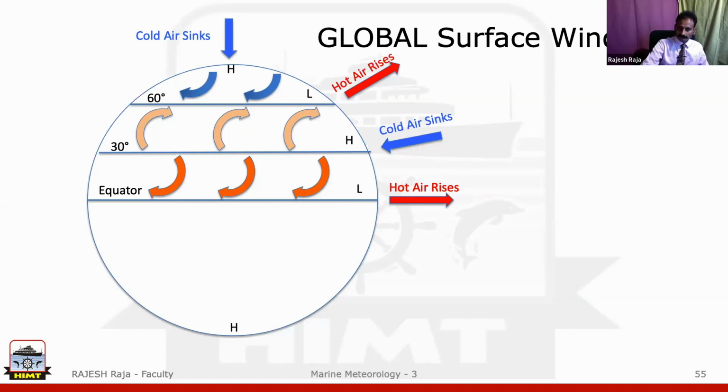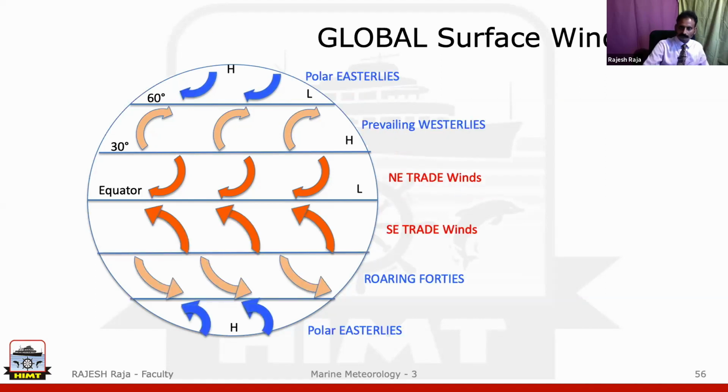Exactly the same thing, mirror images, in the southern hemisphere. Now look at the names they give. On both poles, it is called polar easterlies. Near the equator, it is called northeast, because it has a direction. It's still easterlies: northeasterly trade winds, and I've got southeasterly trade winds. Now these two are both westerlies.